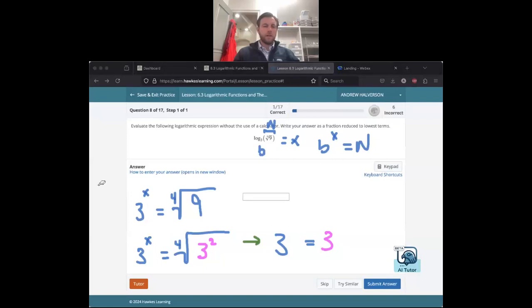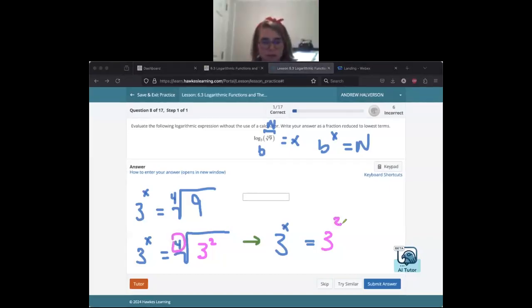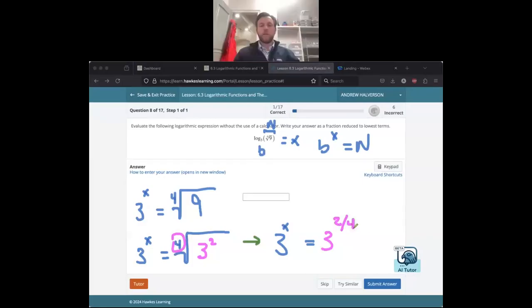This part is x. Now the bases are the same.